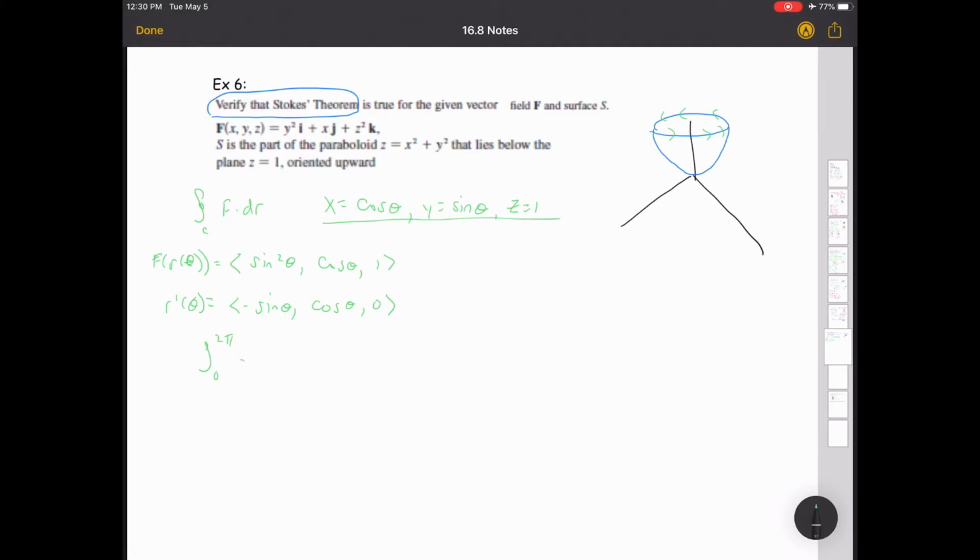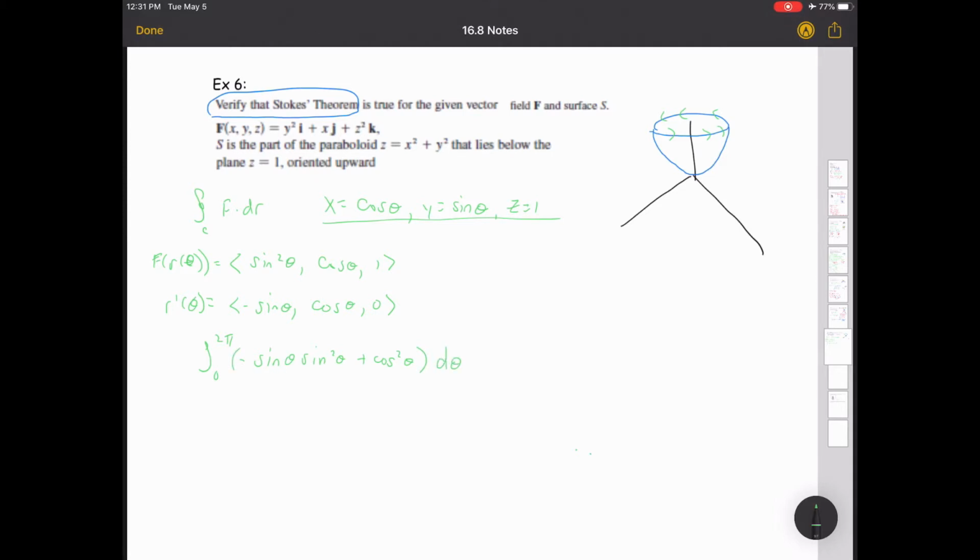So I'm going to write it as negative sine times sine squared theta plus, looks like just plus cosine squared theta plus 0.